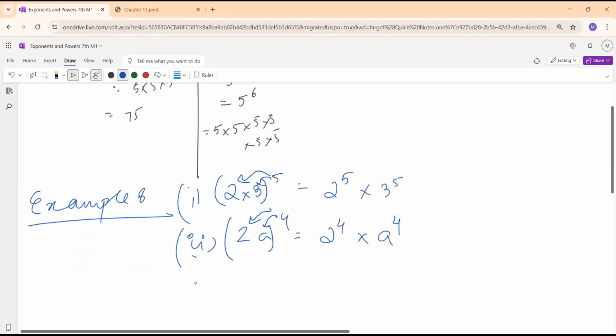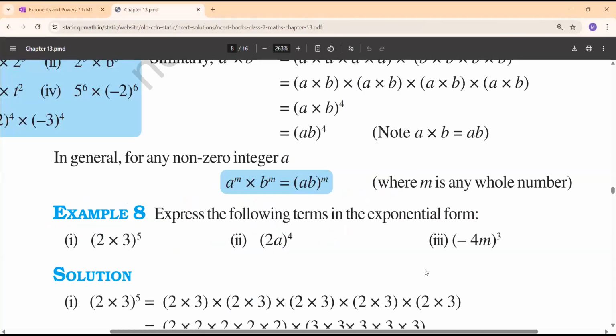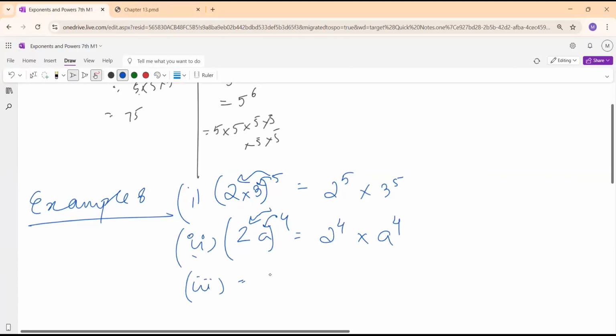The third one is (minus 4m) raised to the power 3. This 3 would also go on minus 4, this 3 would also go on m. So this is (minus 4) raised to the power 3 into m raised to the power 3. Very simple. Got it, guys? Salman, got it? Yes, sir.